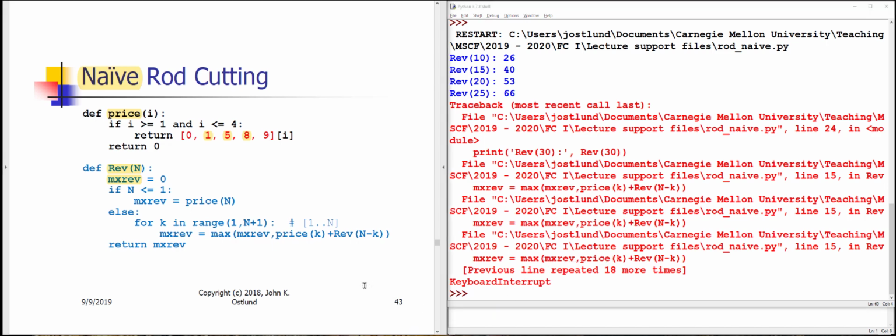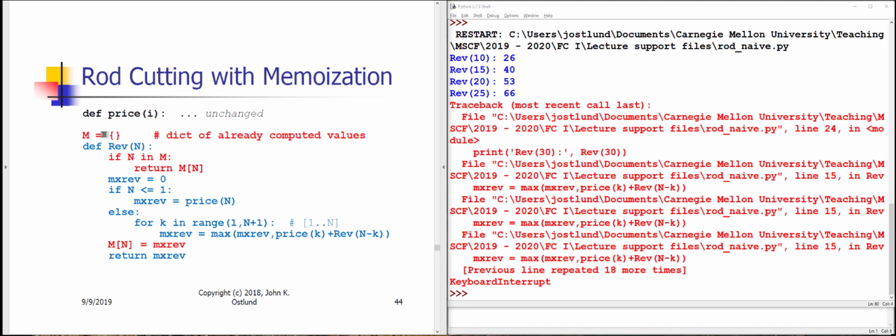Let's next smarten up our program by adding memoization to it. Here is the same algorithm, except with memoization added to it in the same way that we added memoization for our factorial function. We start out with a dictionary that's empty, and then for the argument value n, that is the feet of rebar that we get from our supplier, if n already has a maximum revenue stored in m, we'll simply return whatever that maximum revenue is.